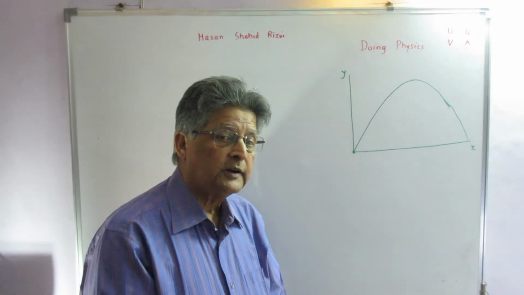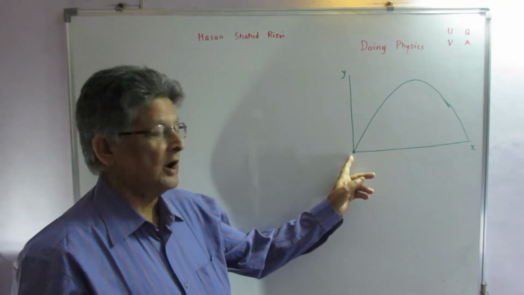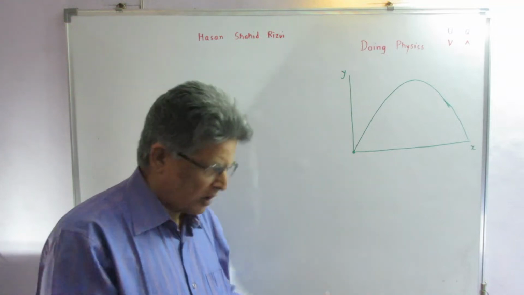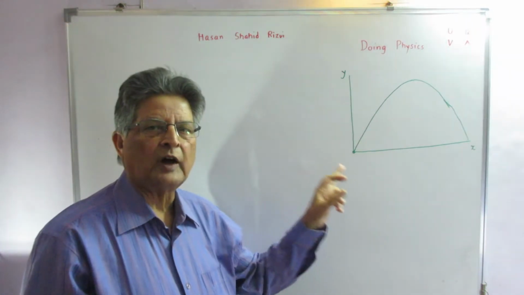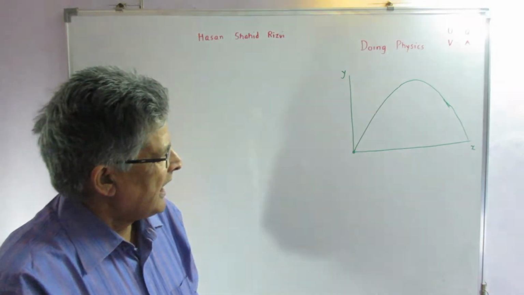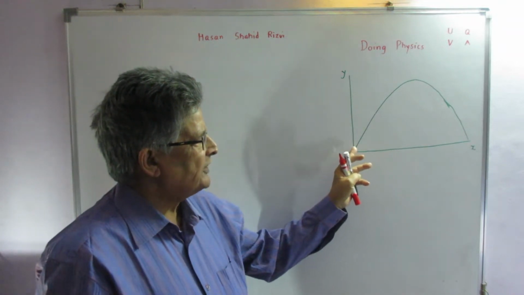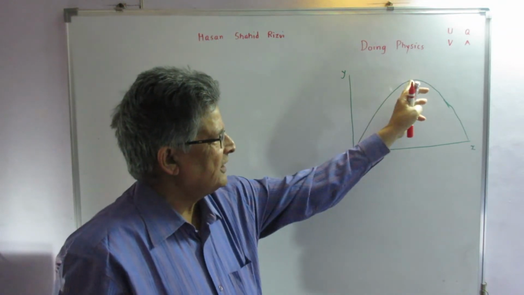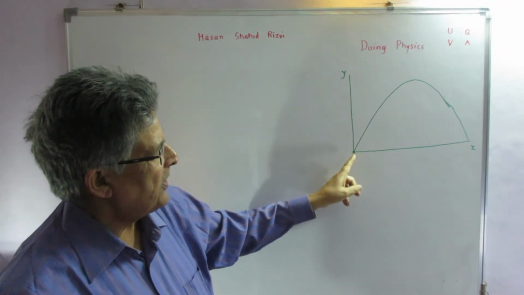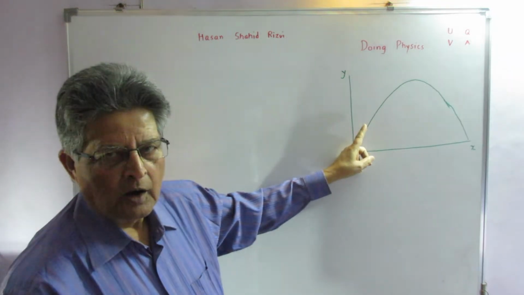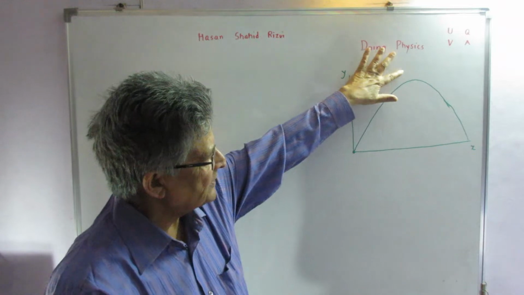A point object is a very, very important concept in physics. Even if the body has dimensions, we take the motion of the center of mass of the body. And when we project this body, you can see in this trajectory that here the slope is more, and as we come here, the slope becomes less.